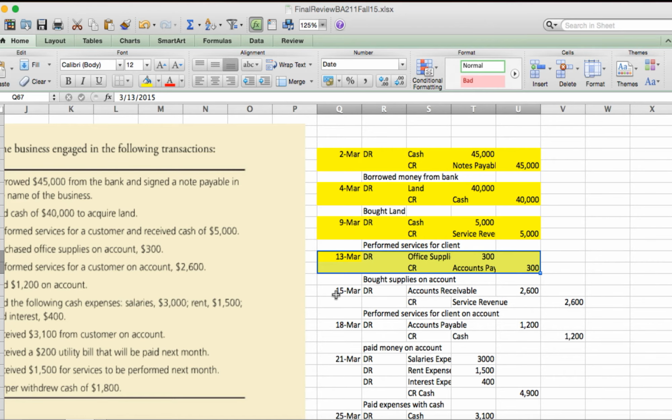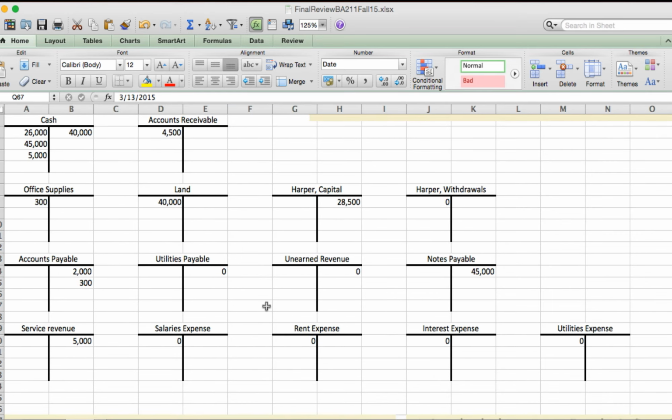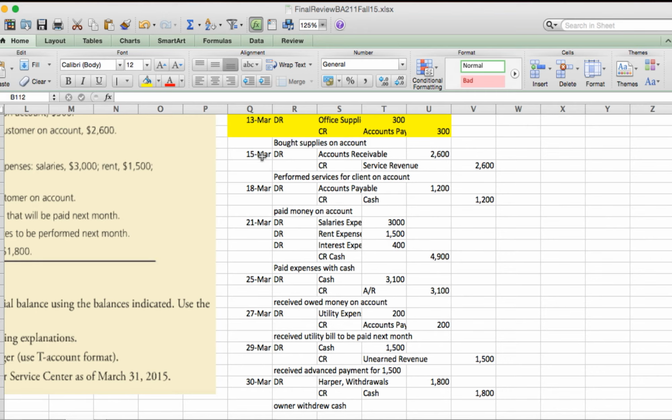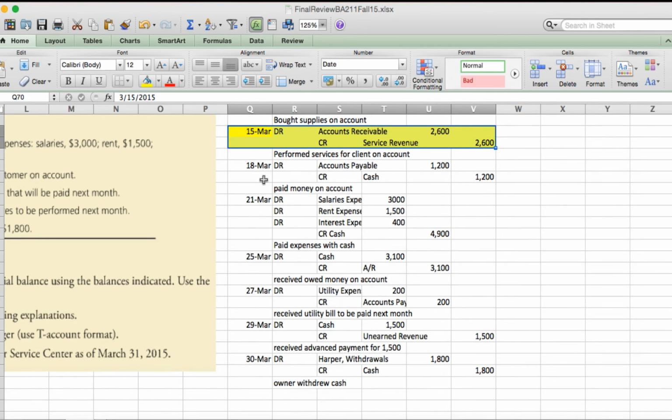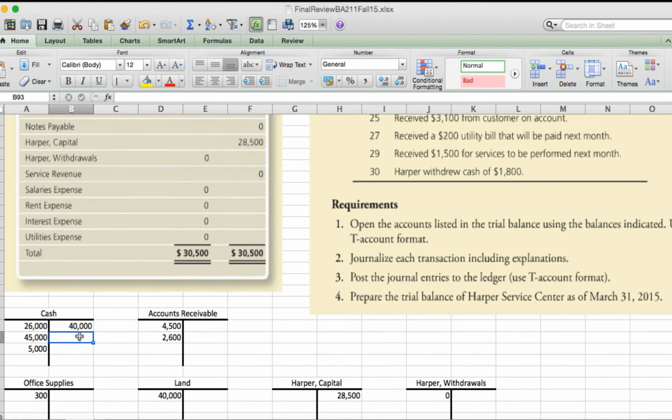Debit accounts receivable 2,600, credit service revenue 2,600. Debit accounts payable 1,200, credit cash 1,200.